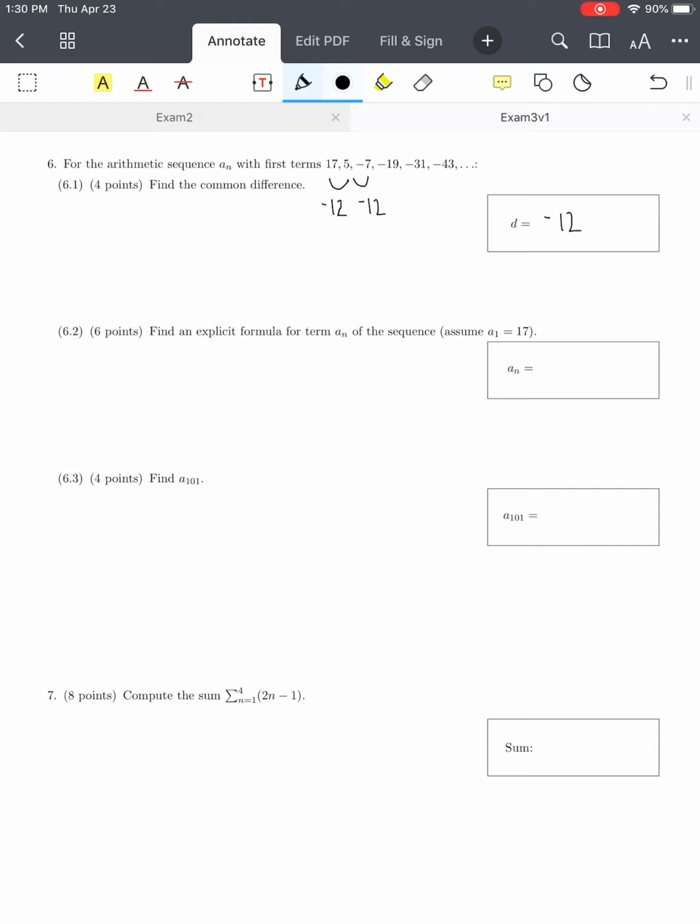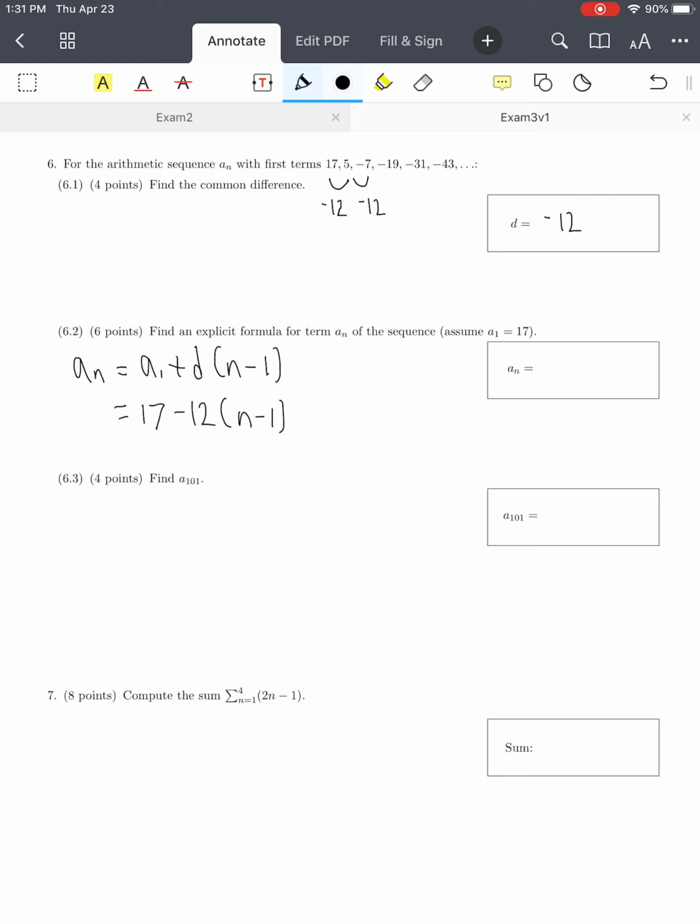Okay, find an explicit formula for the term a sub n of the sequence, assuming a sub 1 equals 17. A formula for this is a sub n equals a sub 1 plus d times n minus 1. It says to get to the nth term, you start at the first term and add the common difference times n minus 1. For us, the first term is 17, d is -12, and n minus 1 stays like that.